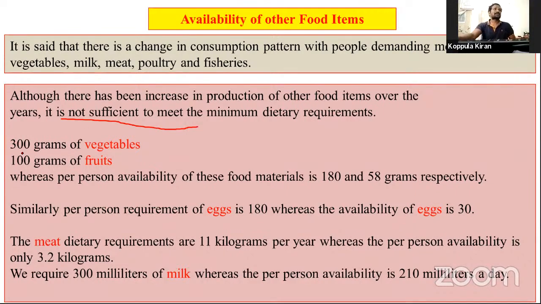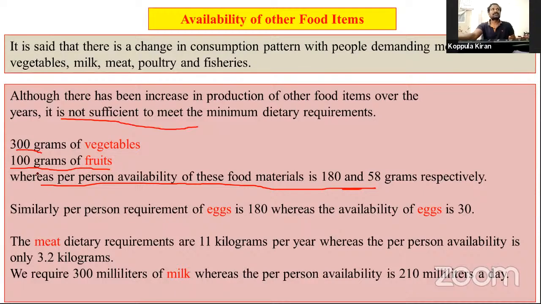See this, per annum we have to take this much. Every day we have to take 300 grams of vegetables, but we had only 180 grams.